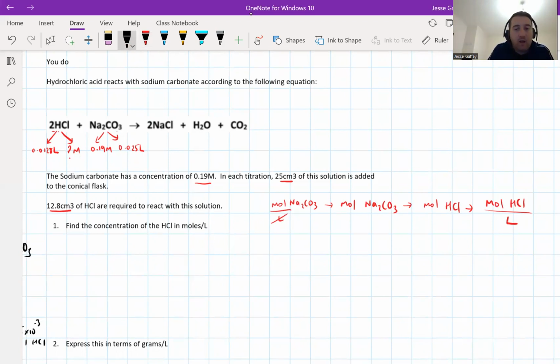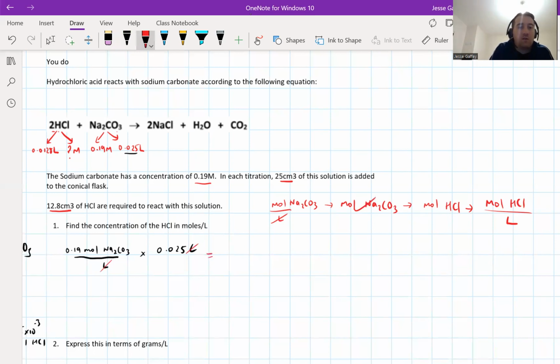All right, so let's go ahead and do that. I know I had 0.19 moles of Na2CO3 per liter. And I'm cancelling my liters because I didn't use a full liter. I'm timesing it by the amount of liters I used, which was 0.025 liters. And of course, liters over liters is gone, which leaves me with moles of Na2CO3, which is what I wanted here.